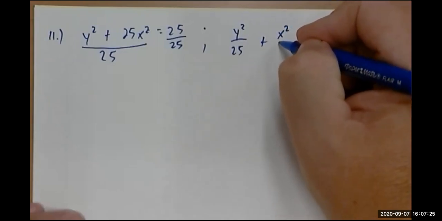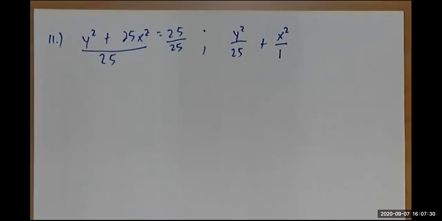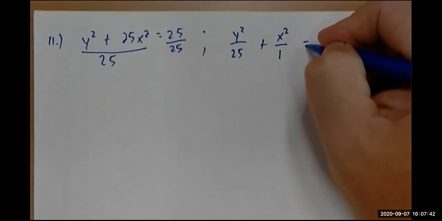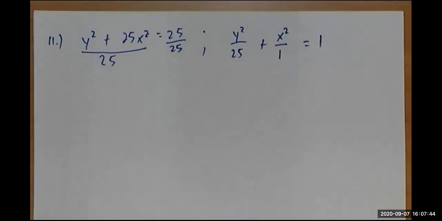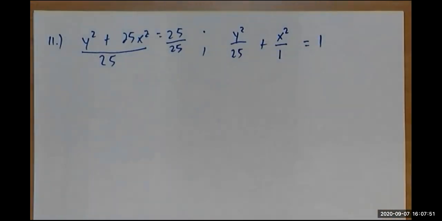Normally if you have a 1 in the denominator, you don't write that 1. But especially as we're learning these, it makes it easy to see what's going on. If I put the 1 there, equals 1. So now this equation is in standard form.